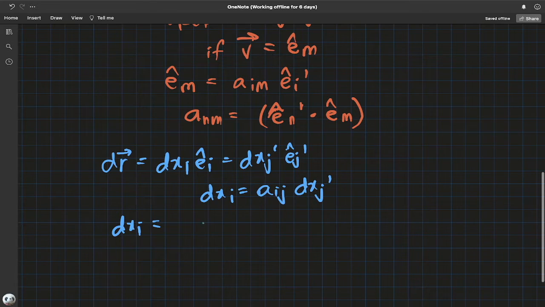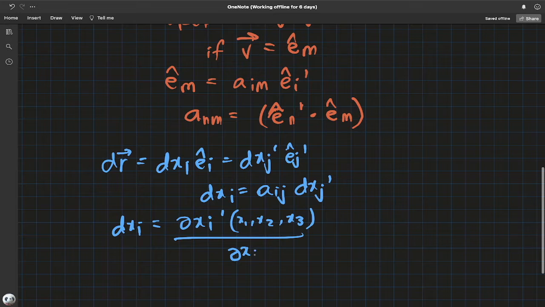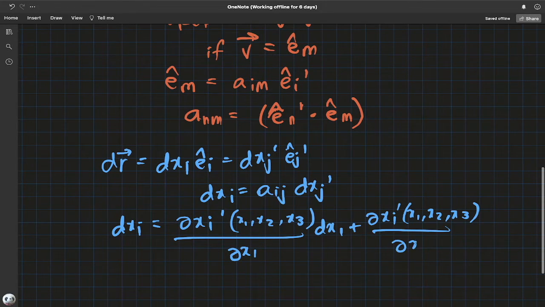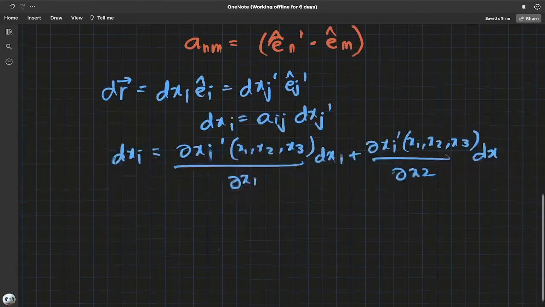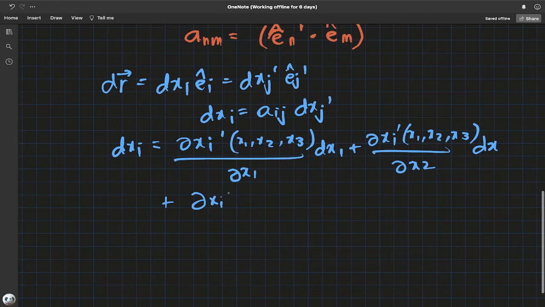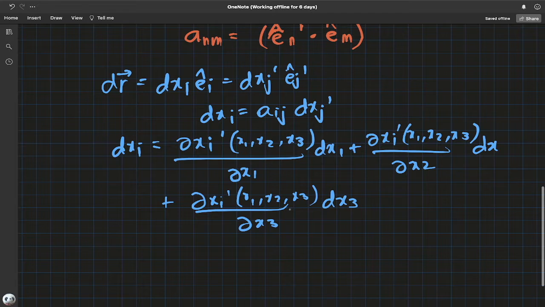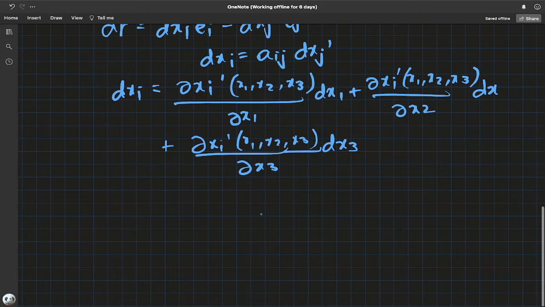You can use the chain rule here. We have partial x_i prime of x1 x2 x3 with respect to x1 dx1, plus partial x_i prime with respect to x2 dx2, plus partial x_i prime with respect to x3 dx3.